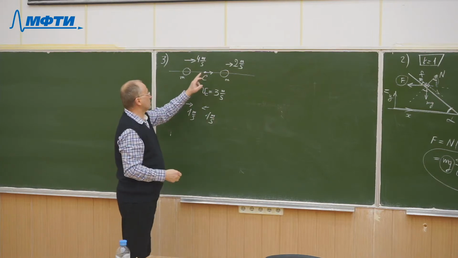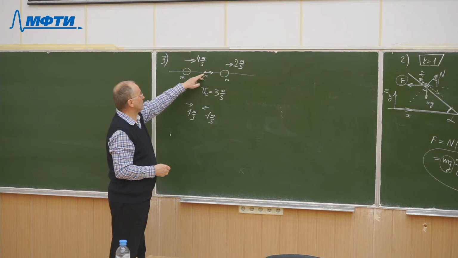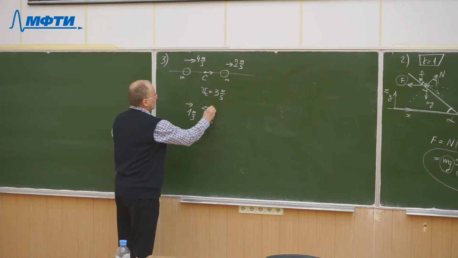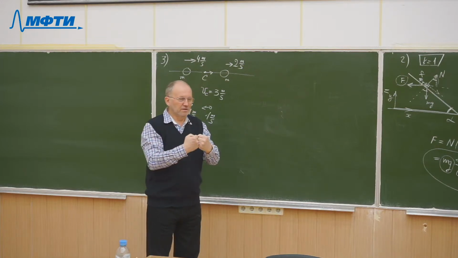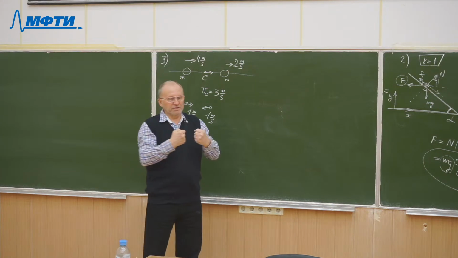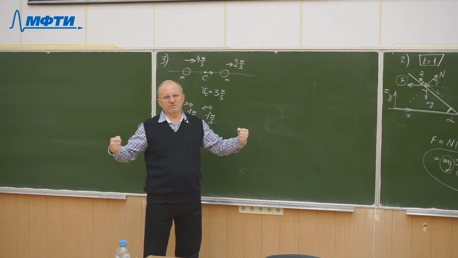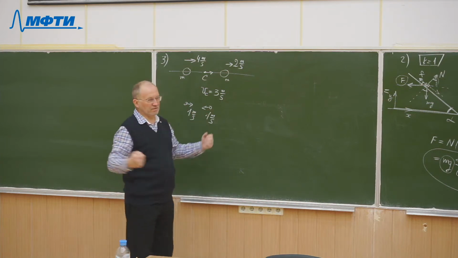And so in the center of mass frame, the two bodies move at the same speed and collide, and the collision is absolutely elastic. So after collision, they will move in opposite directions with the same velocities because the masses are the same.